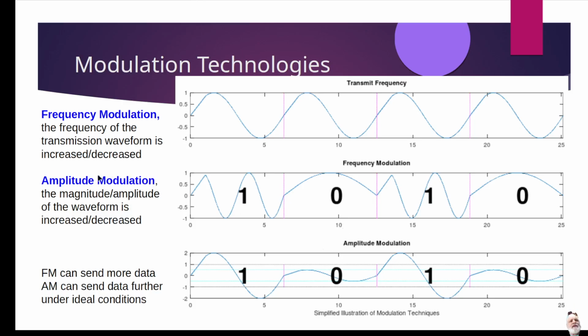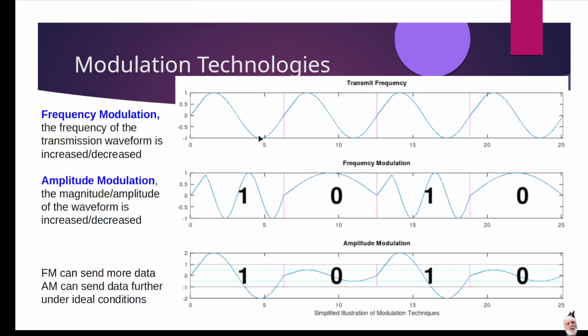On the other hand, if we look at the amplitude modulation up here, notice that this base sine wave went from 0 to 1. That's what we call a unity rating. So what we're saying here is this is the normal peak value of the sine wave at 1, and then the trough at -1.